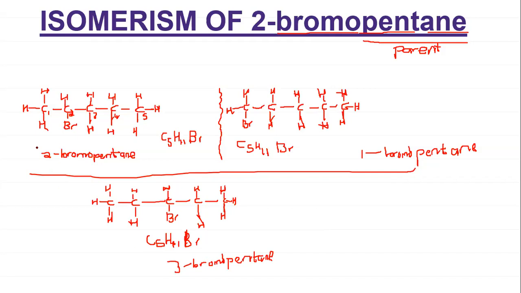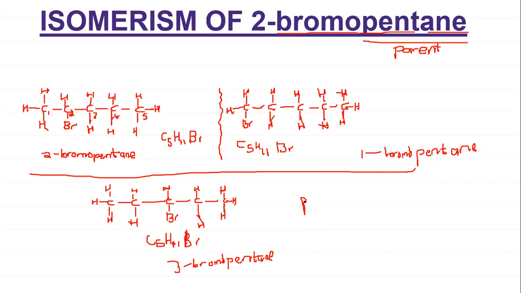Now you can see the bromo there is on carbon 2, the bromo there is on carbon 1, the bromo there is on carbon 3. The molecular formulae are the same. So these are organic molecules with the same molecular formulae, but they have different structural formulae. Why? Because of different position of the functional group. The Br there is on carbon 2, there it's on carbon 1, and there it's on carbon 3.